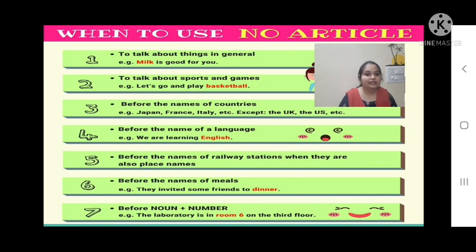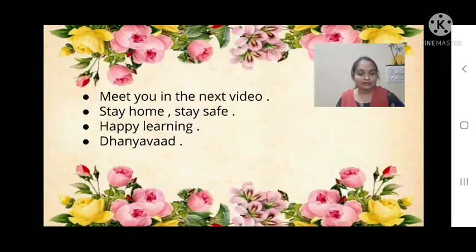And when the name of a meal is given, for example, they invited some friends to dinner. Here we don't use article, and also we don't use article before noun and number. The laboratory is in room 6 on the third floor. Here we are mentioning a noun along with a number, so we don't use article.